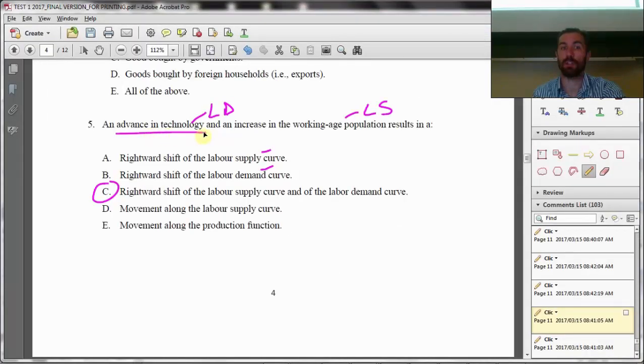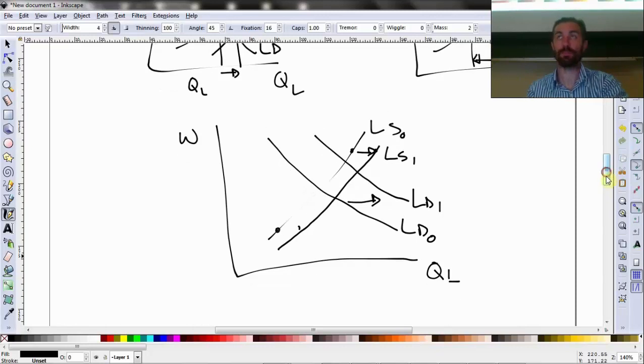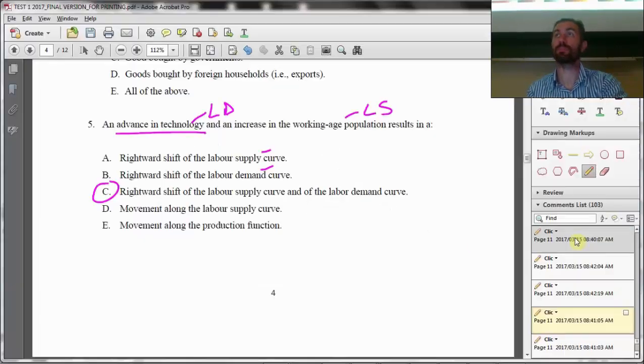The advance in technology shifts labor demand. The increase in working age population shifts labor supply. Okay? You're going to have to tell me what I must explain.